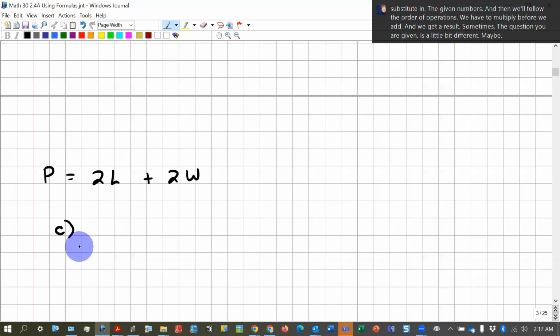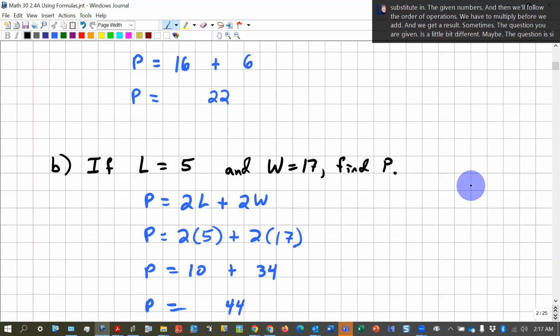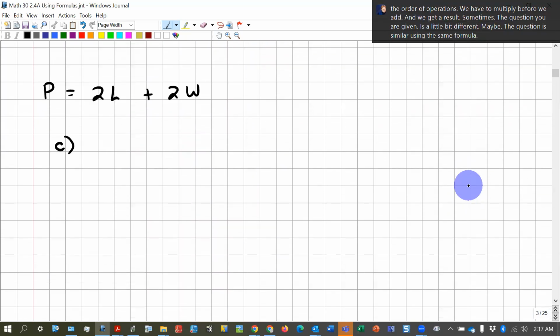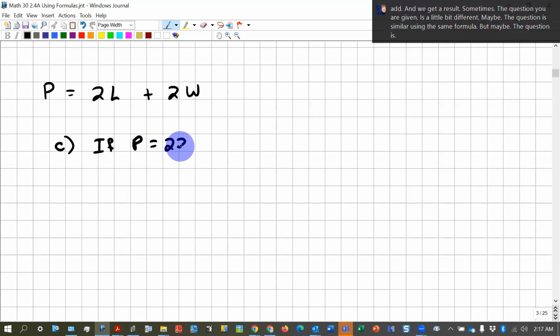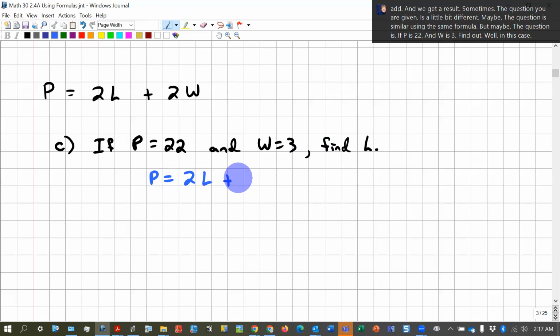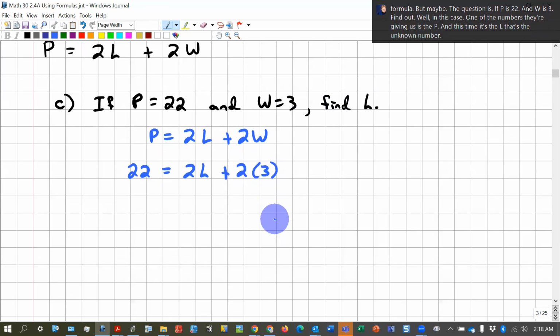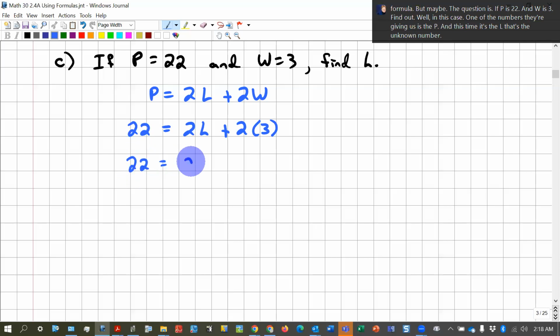Maybe the question is similar, using the same formula, but maybe the question is, if P is 22, and W is 3, find L. Well, in this case, one of the numbers they're giving us is the P, and this time it's the L that's the unknown number. And so, yes, there's a little bit of arithmetic we need to do.